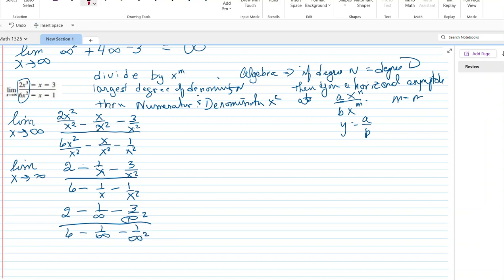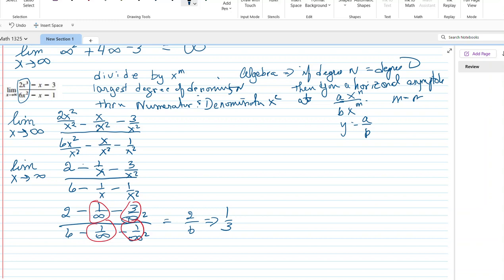All right, so we know these guys are what? Yeah, buddy, 0. So what am I left with? I'm left with 2 over 6, which is 1/3. Therefore, we know that's going to be the horizontal asymptote as well. But for us, it's a limit. It's approaching so close that it can almost feel it.